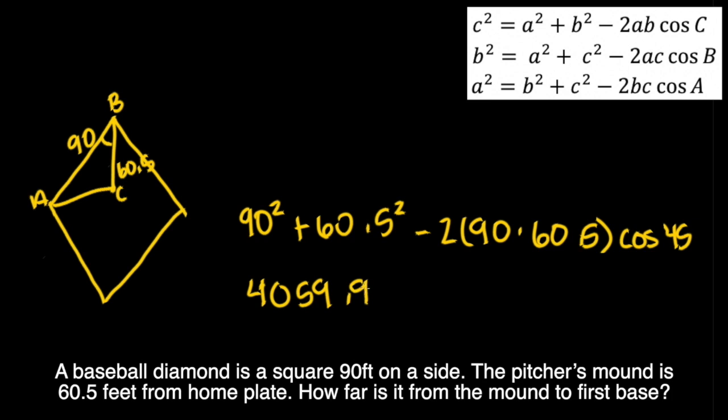We will take the square root of this answer, which gives our final answer at around 63.7 feet. So we know that the length from point A to point C is about 63.7 feet.